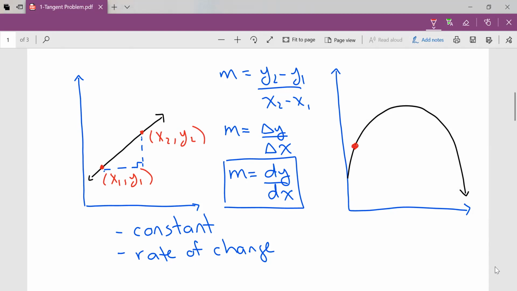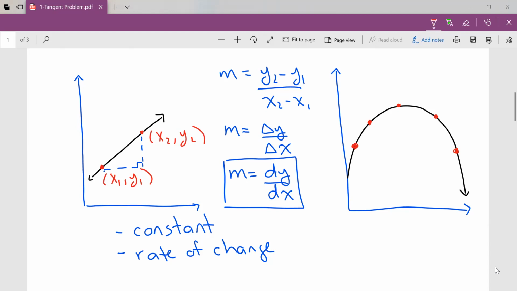If I have a point here, here, here, here, the rate of change is always changing at any different moment. So this is going to be the big problem for us in the first half of calculus: how do we find the rate of change when it's always changing?